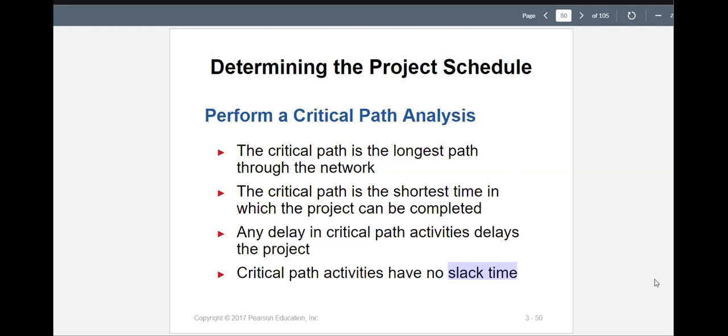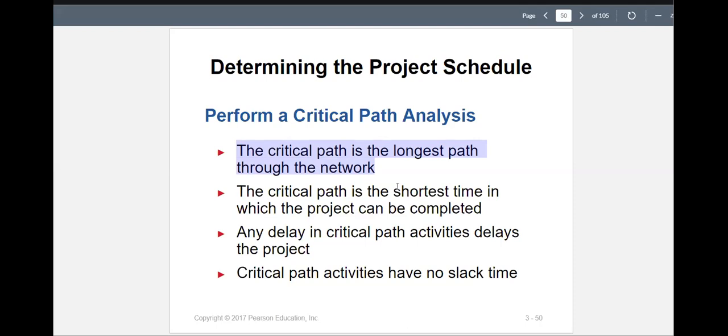So we try to find out what our critical path is. We're going to calculate it and find that critical path. And we also need to remember that this critical path, after we find it, which includes all critical activities, is the longest path in the network, which means that's the maximum time of completion of this project.